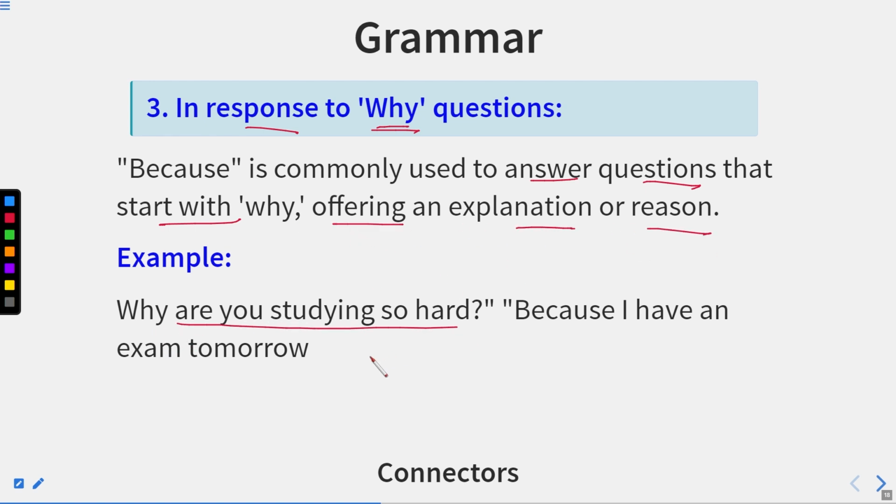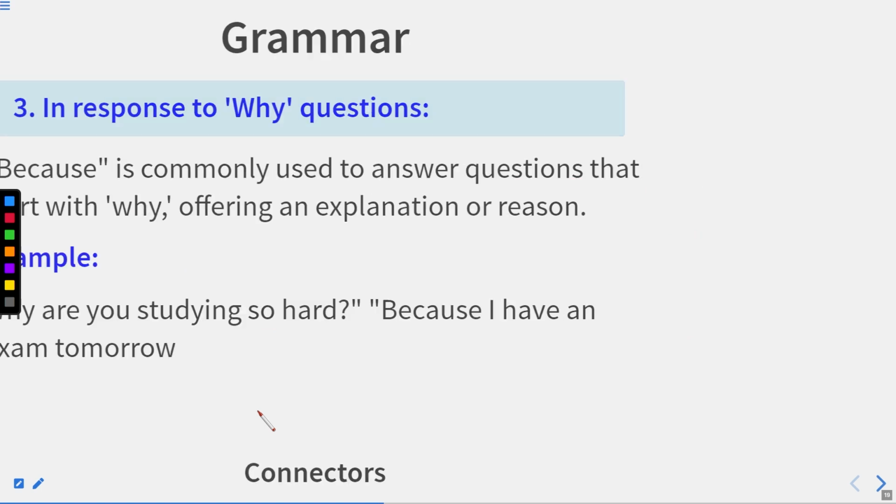Why are you studying so hard? This is the question. The answer can be because I have an exam tomorrow. Or I can say I'm studying so hard because I have an exam tomorrow. So because is showing the cause of that particular result. And what is the result? That I'm studying very hard. So this is how we can use the word because in a statement or in a sentence.